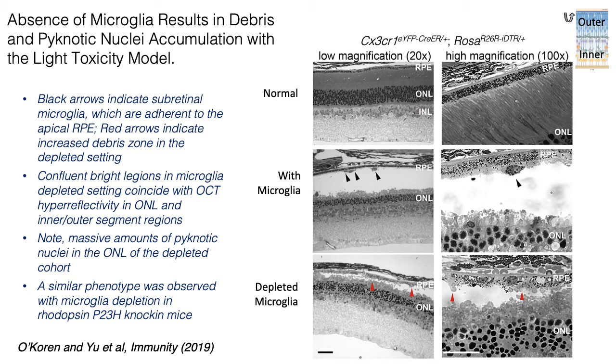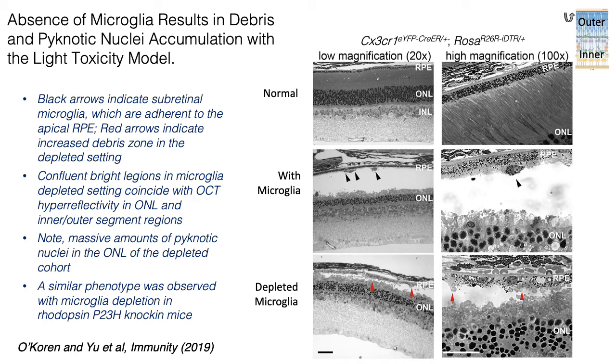Now, looking histopathologically reveals more clues. In the presence of microglia, you can see a subretinal microglia at 100x magnification, embedded in the apical RPE, delineated with an arrow. You can see clearly the inner and outer segments are gone in this particular lesion, and many of the ONL cells, with significant thinning.